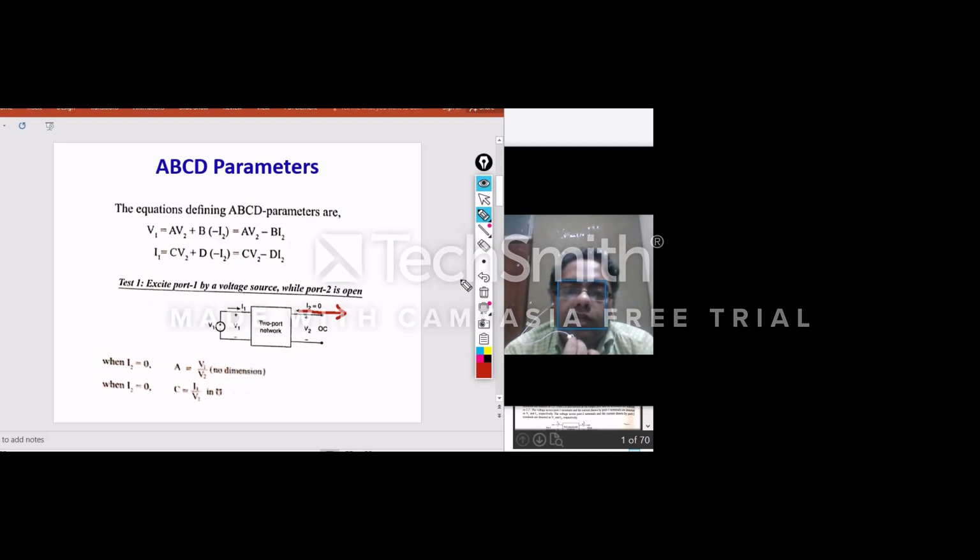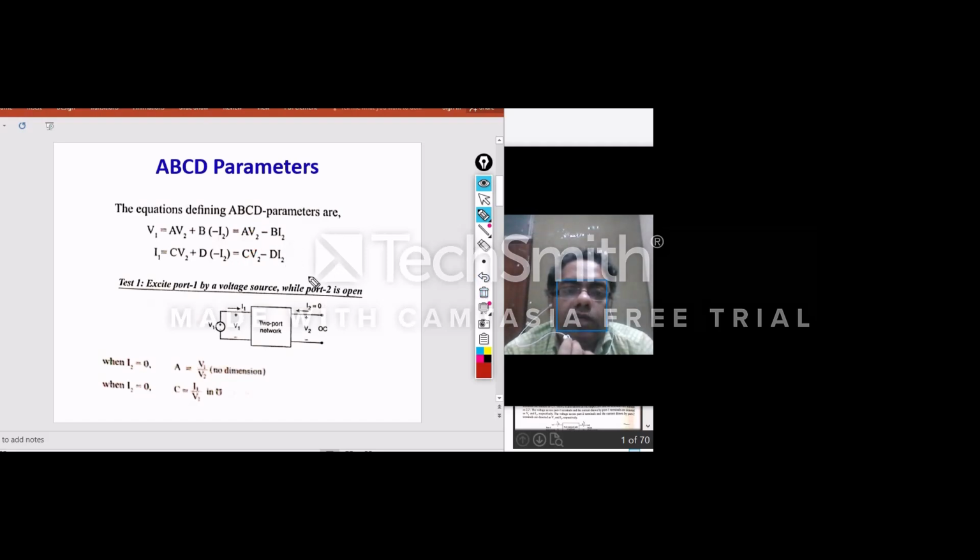So how do we find these ABCD parameters? If we give input voltage source V1 to port 1 and the output port is open circuited, then I2 becomes 0. Current doesn't flow because it is open circuited.